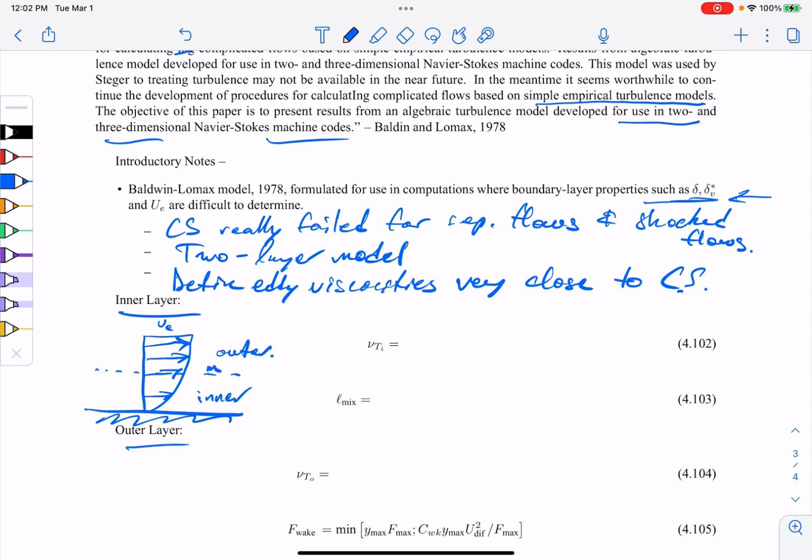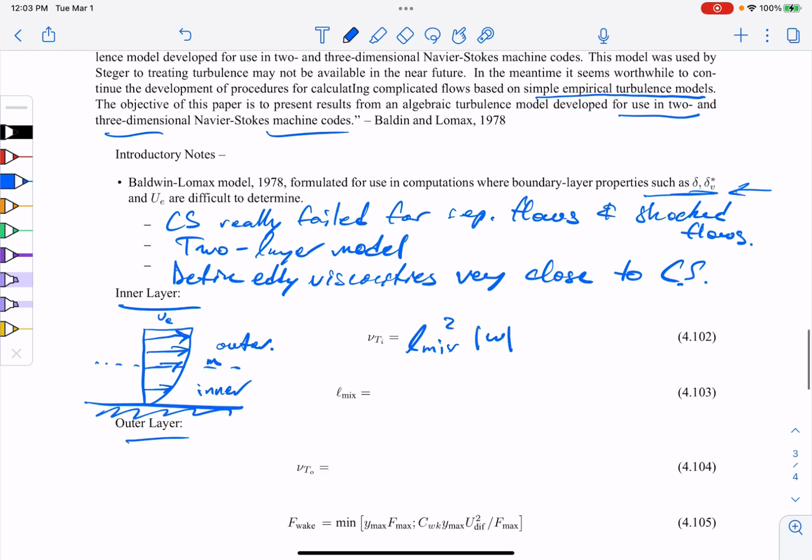And we, at length, I think, discussed why people divide these boundary layers into inner and outer layers for their viscosity models. So just like before, we say l_mix squared for the inner eddy viscosity, and here's the immediate difference: the magnitude of vorticity. You can check the units, you should be getting something like meters squared per second, a viscosity unit.